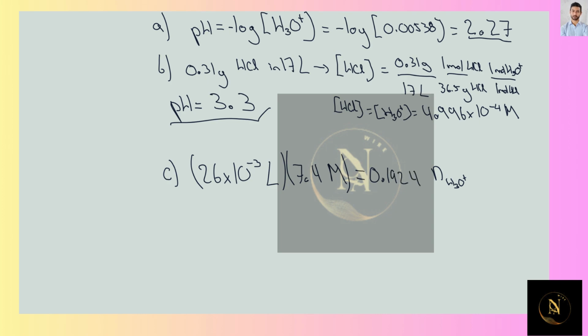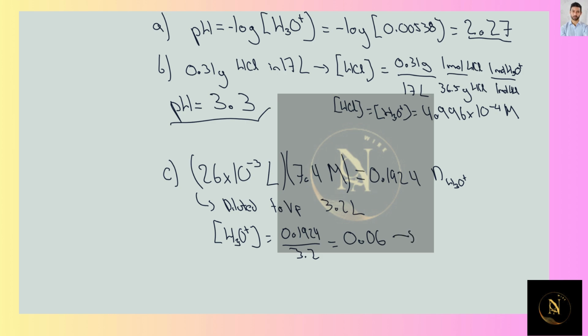Now, in order to get the concentration, we are told that C is diluted to a final volume of 3.2 liters. That means that the concentration of H3O plus will be the number of moles that we found divided by 3.2, which is 0.06. Using this concentration in our pH equation gives us a pH of 1.22.